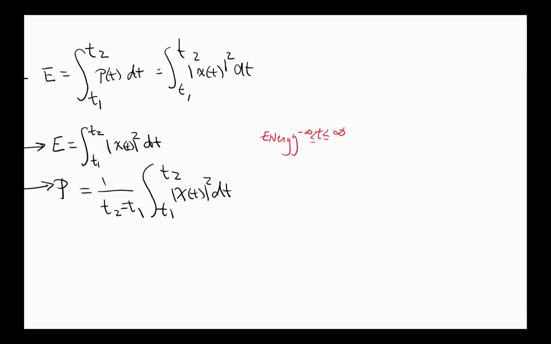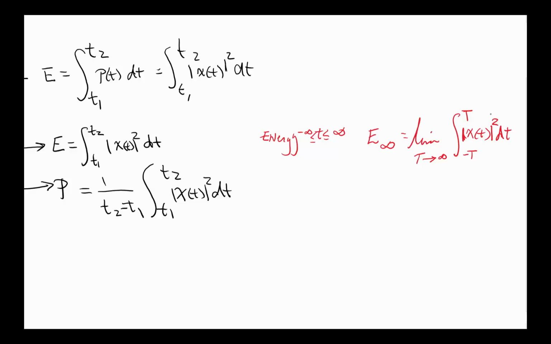But in mathematics, we usually write energy over a total period like this: E from minus infinity to infinity is equal to the limit of T going to infinity of the integral from minus T to T of the magnitude of x of t squared dt.